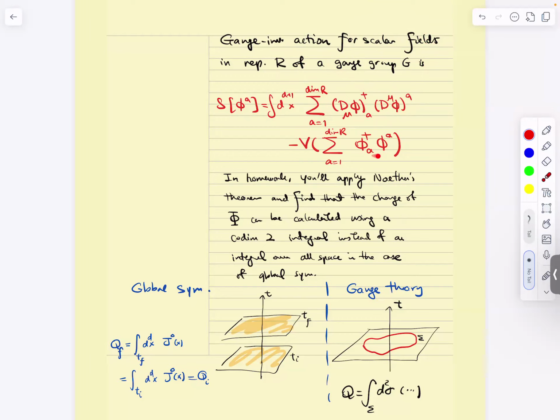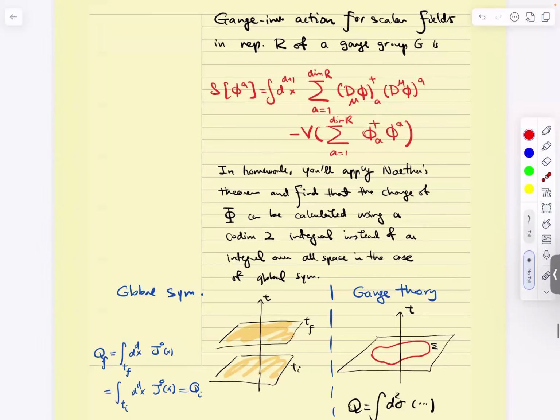Is this okay? That term is okay, right? This has U(x), this has U(x) dagger, they cancel out. The issue was the derivative. Every time you have a derivative term, all you need to do is take your old action and replace your derivatives with covariant derivatives. Right? That's what you do.